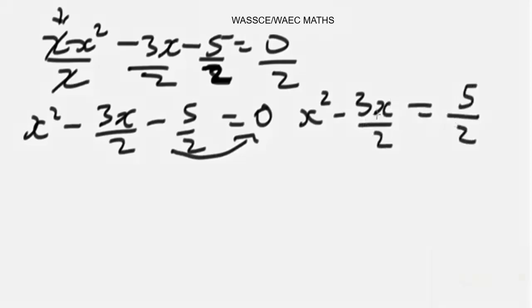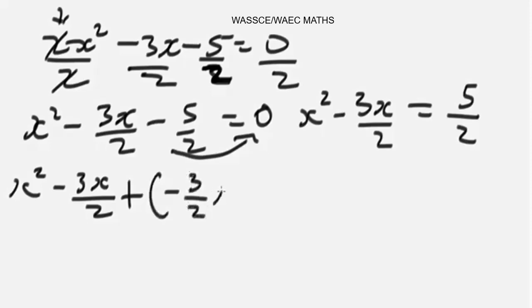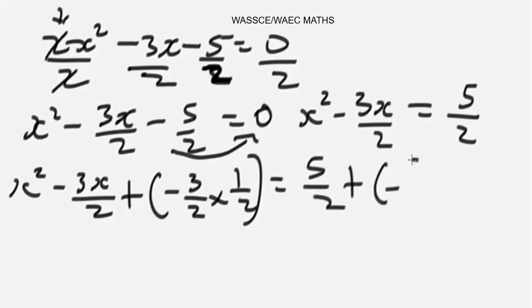Next, we multiply the coefficient of -3x/2 by half. My coefficient of -3x/2 is -3/2. We're going to have x² - 3x/2 + (-3/2 × 1/2)², and I do the same at the right side of the equation: 5/2 + (-3/2 × 1/2)².